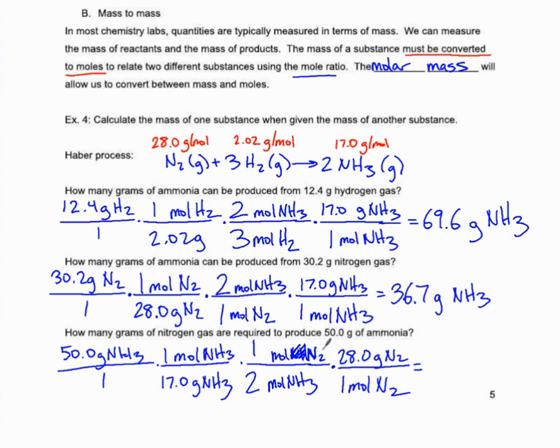Moles of nitrogen will cancel. And we're ready to go ahead and put this one into our calculator. It's going to come out to 41.2 grams of N2, nitrogen gas.